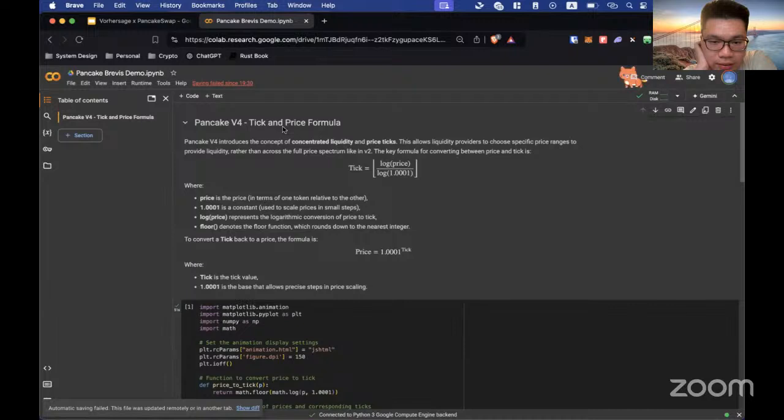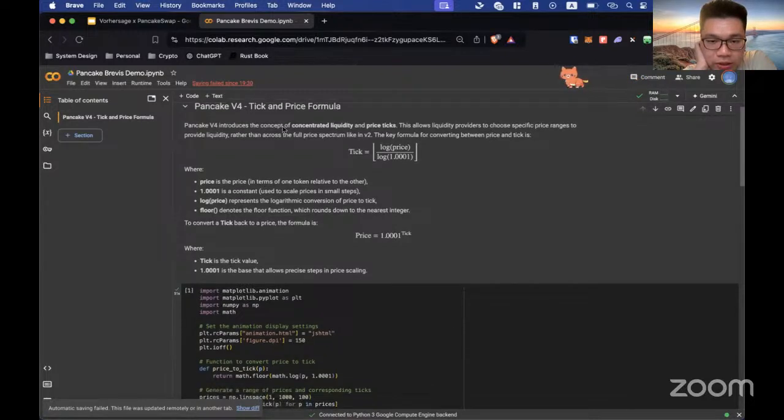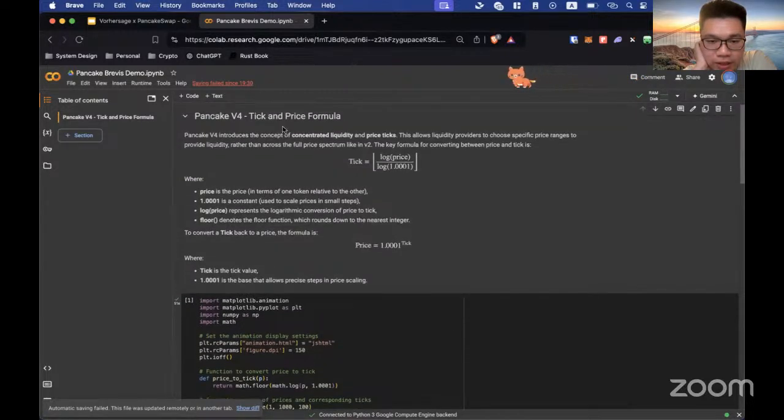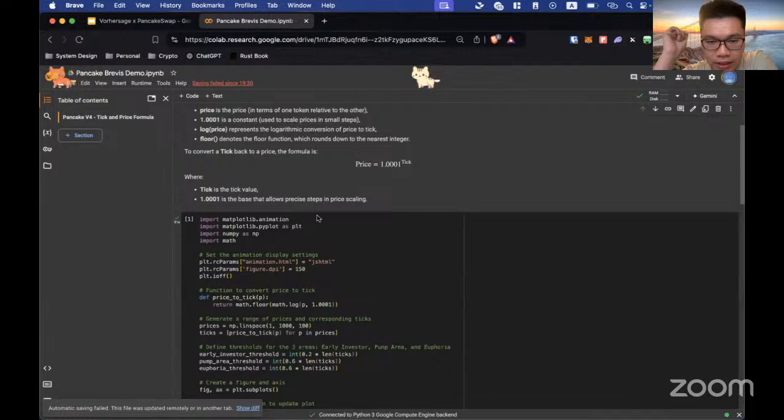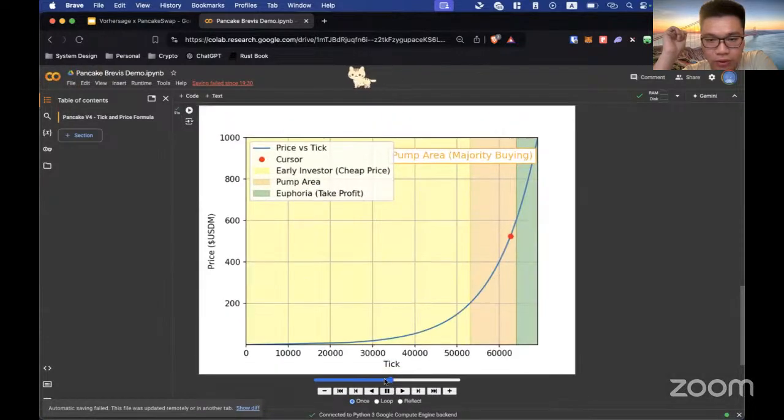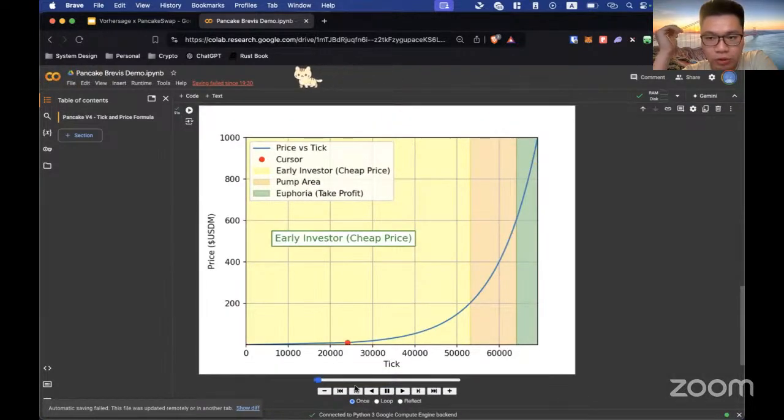I'll just be quick on the formula. This is a simplified version of the V3 price-to-tick formula. As we can see in the price formula, as the tick increases, the price increases exponentially with a base of 1.0001. If we plot this to show whether our prediction market model really has a PMF, look at the yellow area.